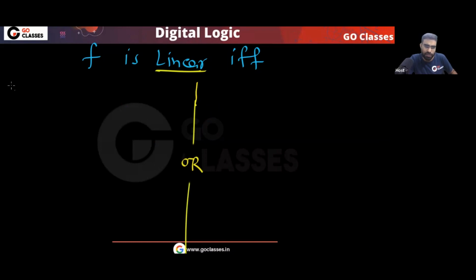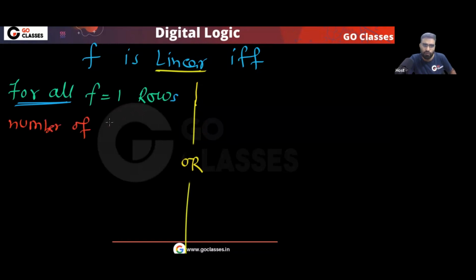for all f equal to 1 rows, whenever f is 1, what should happen? For all f equal to 1 rows, the number of ones in the input should be even.